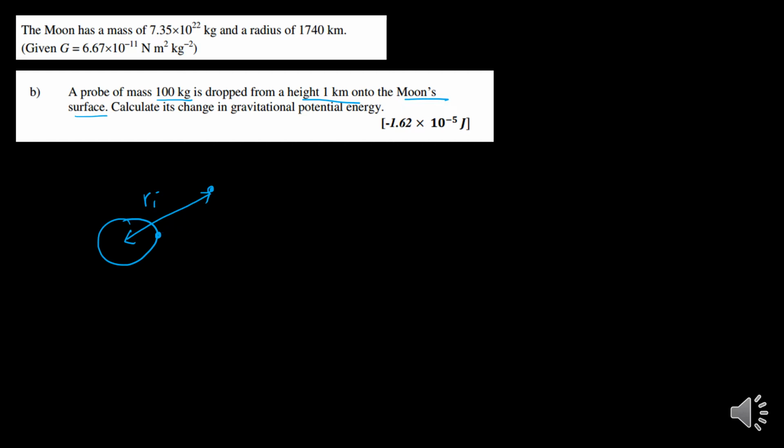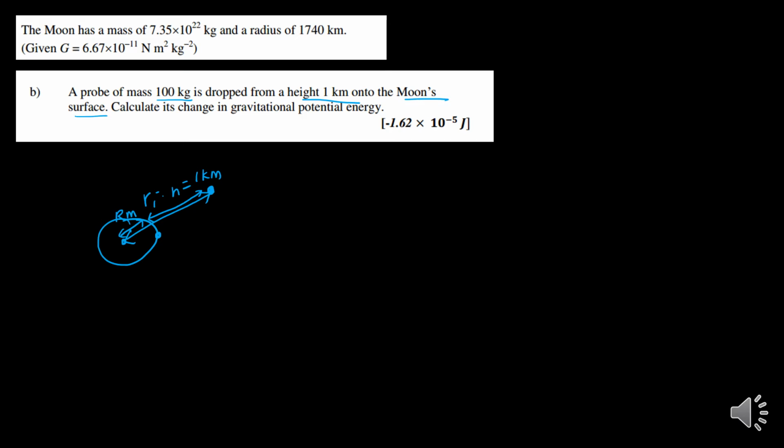Okay, so R1 comes from the surface, 1 kilometer from the surface of the moon. So R1 you have to calculate from this position until the center of the moon. I can see here, this is H, 1 kilometer, and this is the radius of the moon.